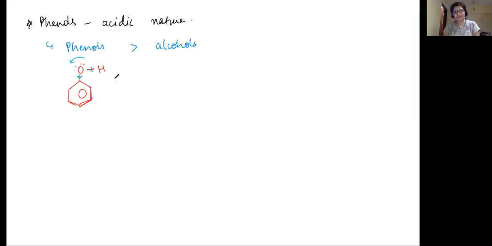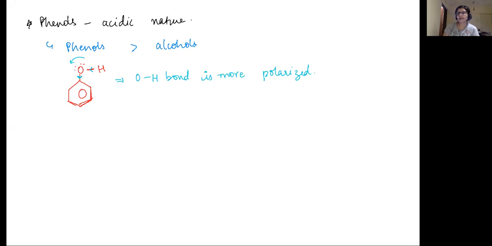So this indicates that the OH bond is more polarized, which is the reason for phenols to be more acidic than alcohols.